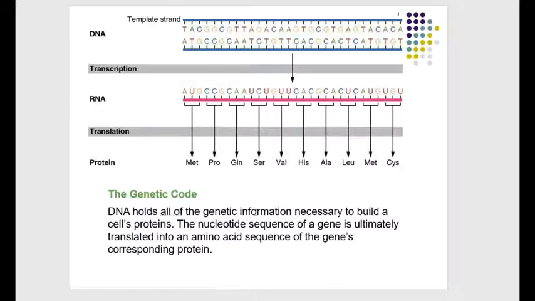Okay, so these proteins need to come from something. So where proteins come from is instructions from the DNA. So the DNA is transcribed into RNA. RNA then will leave the nucleus and get translated into proteins by the ribosomes.